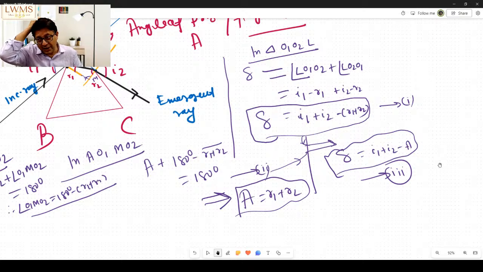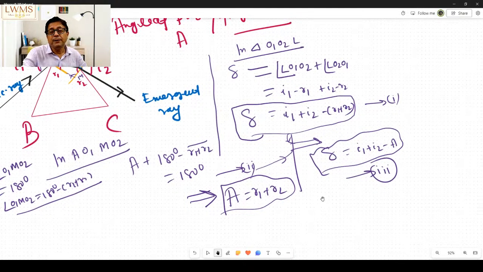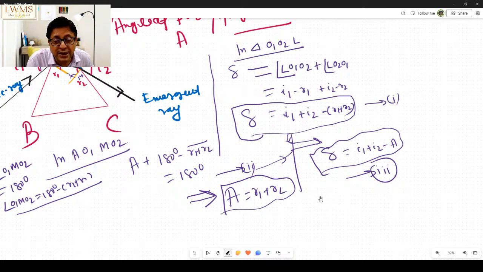How delta varies with I1. What is I1? I1 is this angle. Delta, incident ray and emergent ray produced backward, angle between them is delta. If you plot delta versus I1 graph, the graph going to be like this.